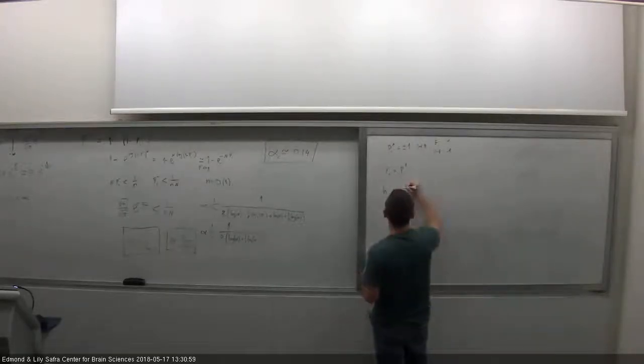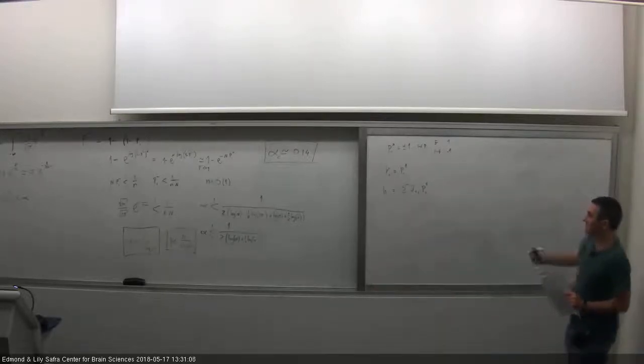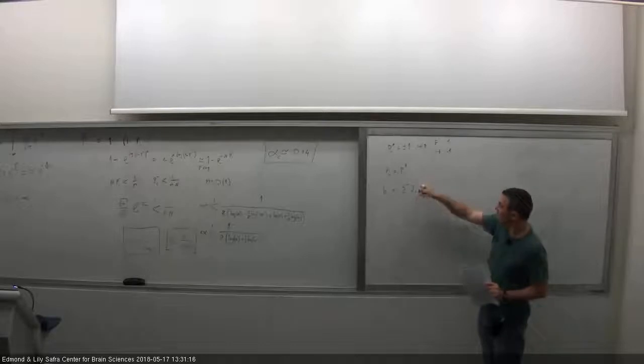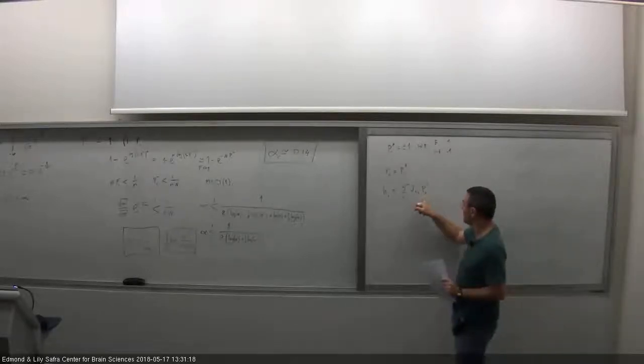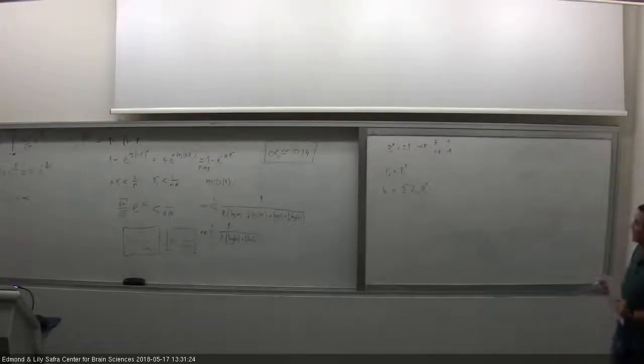This is equal to the sum over j of J_ij xi_j^1. So this is the sum over all synapses, the sum over all other neurons in the network, assuming that other neurons are in memory pattern number 1, weighted by the corresponding synapse.